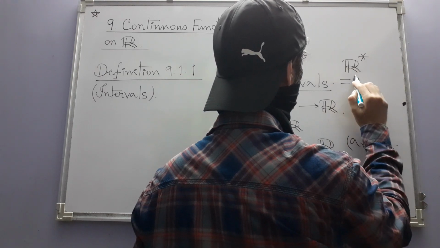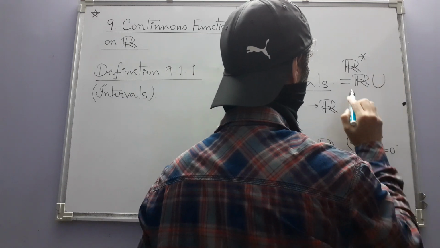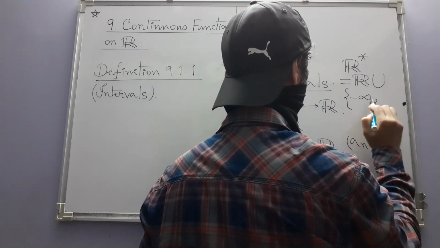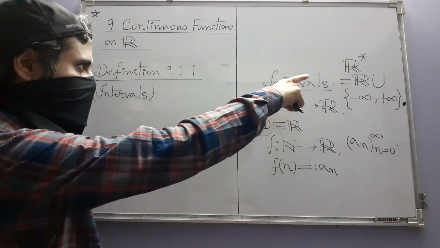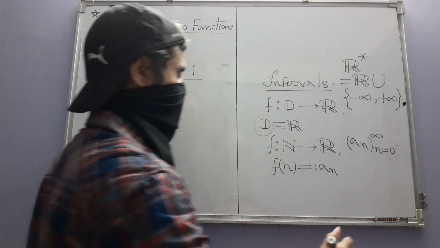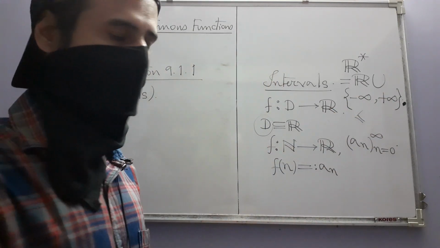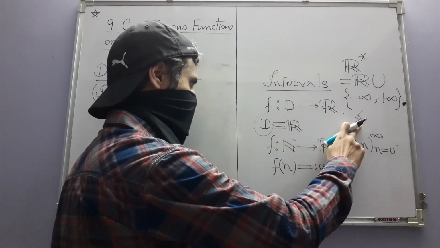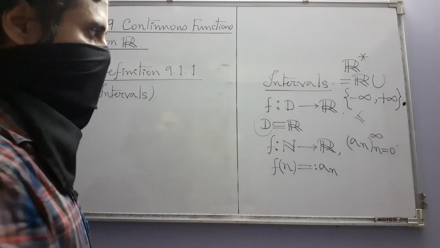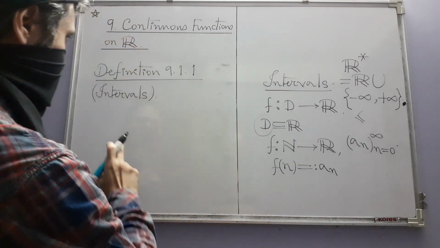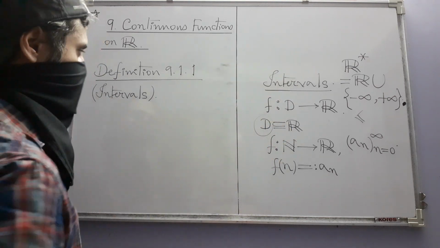If you recall, this is just the system of real numbers along with these two extra symbols, minus infinity and plus infinity. In fact, in this extended system, we have the order relation, which is an extension of the ordinary order relation on R, and it has all the properties that the ordinary order relation has. So using these facts, we are now going to define intervals not just in R but actually in R star.